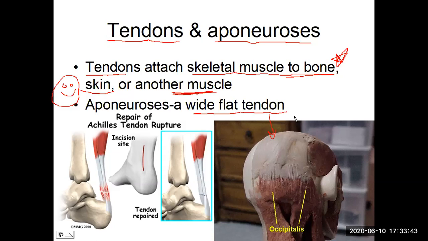And we have aponeuroses over the anterior abdominal region. There's one on the lumbar dorsal region. Whereas this figure here, the typical tendon, are just these thin cords. An aponeurosis is a broad sheet, but they have that similar function.